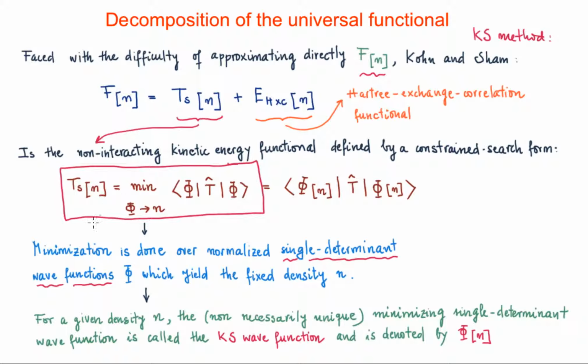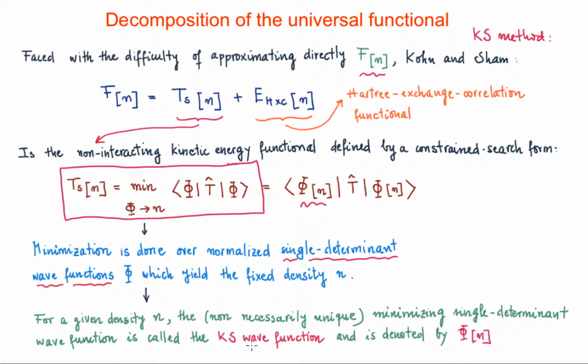Therefore, the minimization of the kinetic energy of that non-interacting system is done over these normalized single determinant wave functions, these Slater determinants, which yield that fixed electronic density. Said in a different way, for a given electronic density, the minimizing single determinant wave function is going to be called the Kohn-Sham wave function.